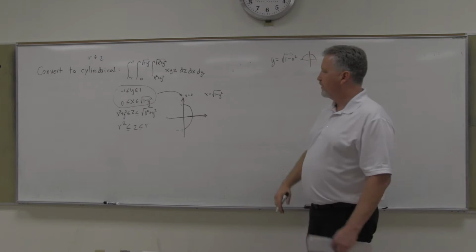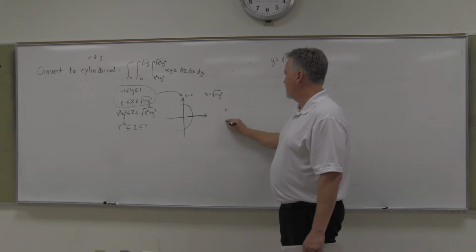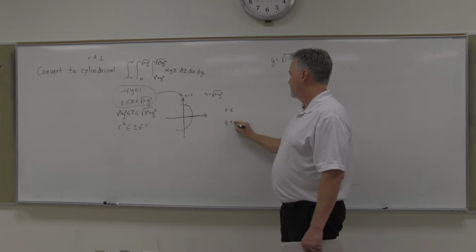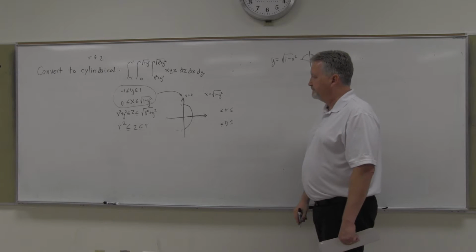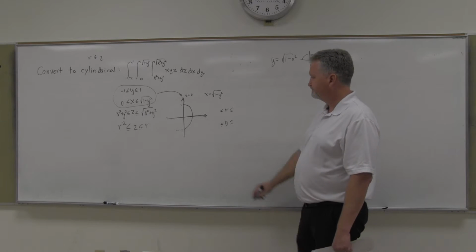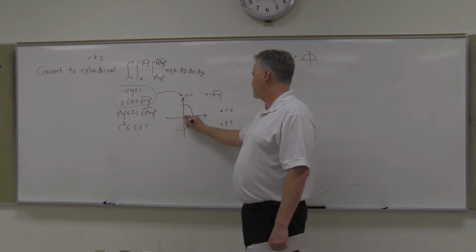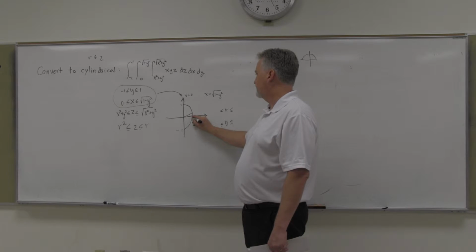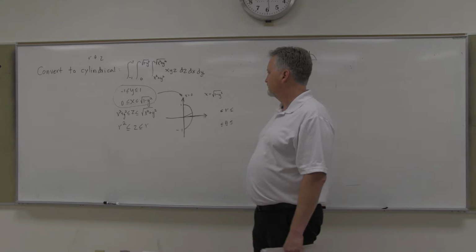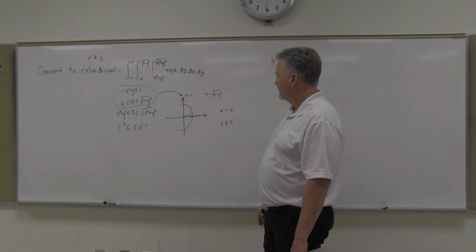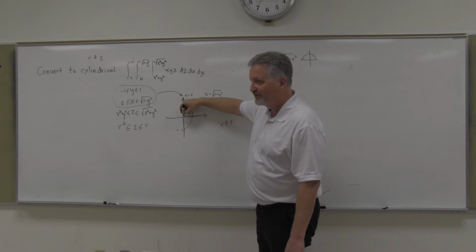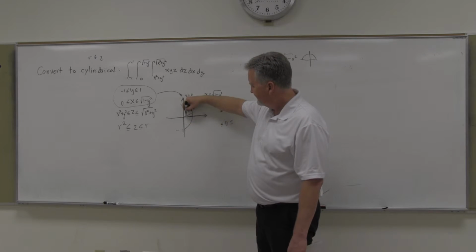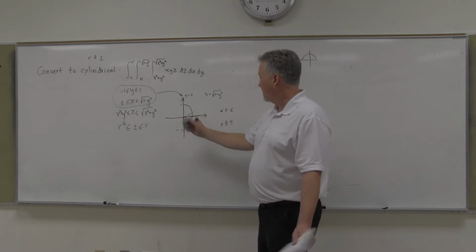All right. So what we need then is our r and theta range here. Theta is the angle that we sweep out to get this graph. When we start at this angle, what do we say that angle is? -π/2.